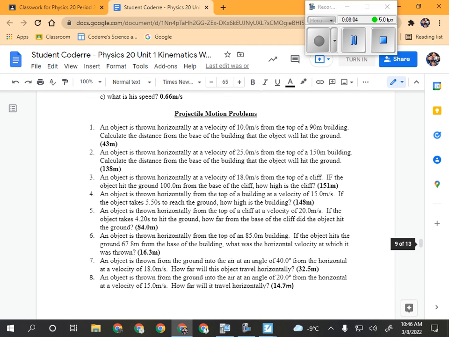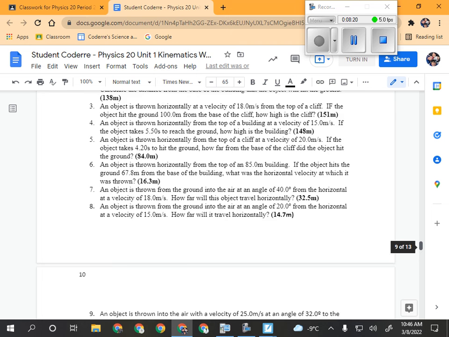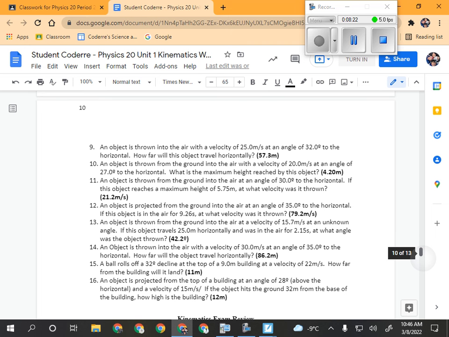Okay, so it's on page 9, bottom half of page 9, and goes on to page 10. So like I said, the first 6 are all thrown horizontally, and then 7 through 16, I think, are all thrown at an angle.